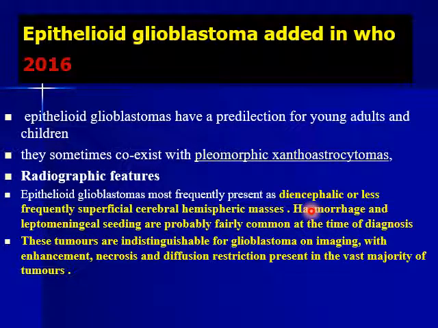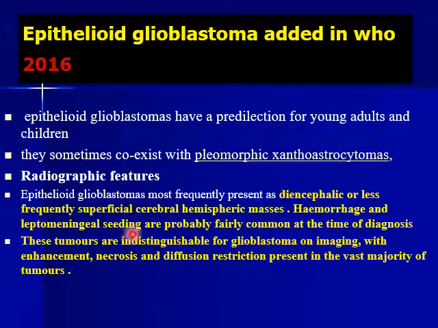In the WHO 2016, they added a new variant of glioblastomas called epithelioid glioblastomas. It has a predilection for young adults and children, sometimes coexists with pleomorphic xanthoastrocytomas, and usually affects the midbrain or, less frequently, presents as a superficial hemispheric mass.